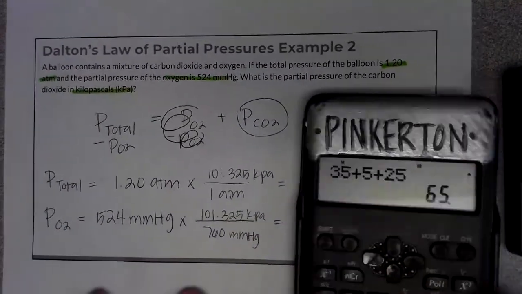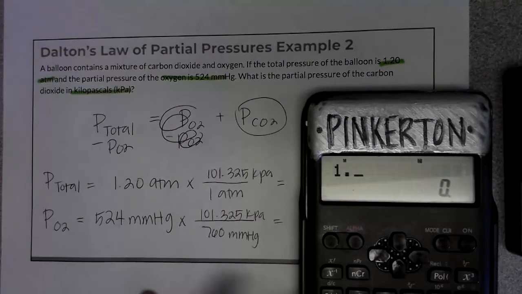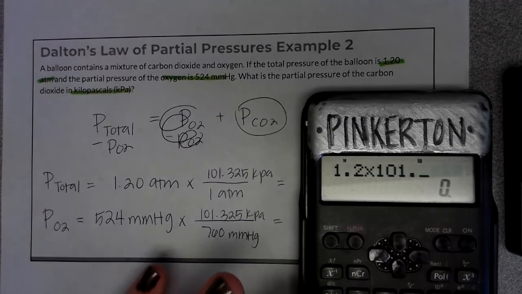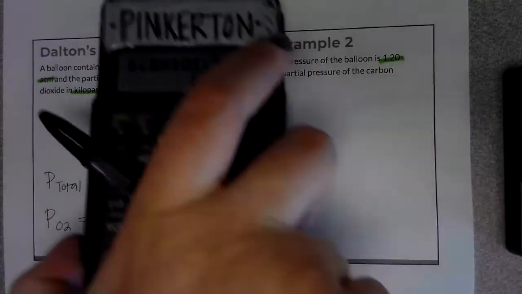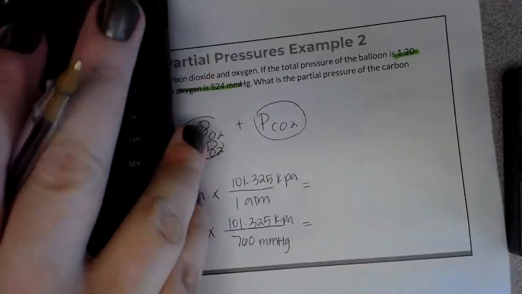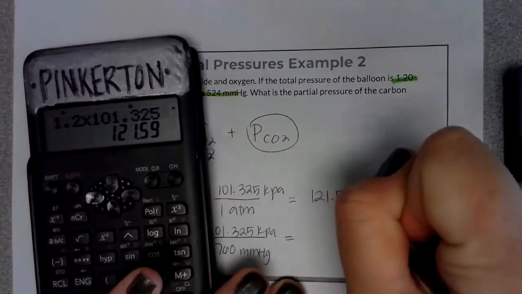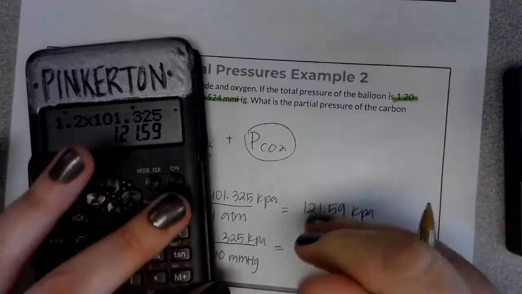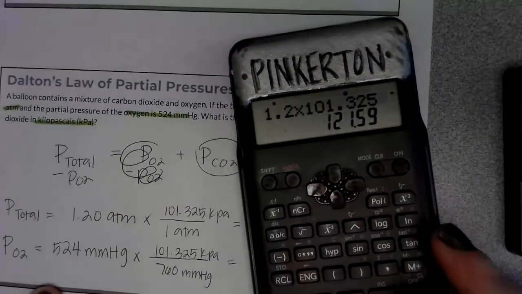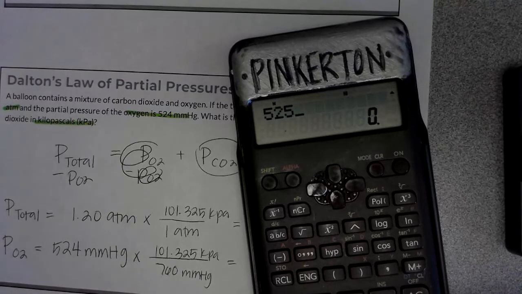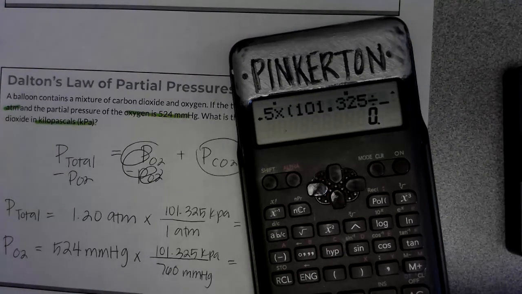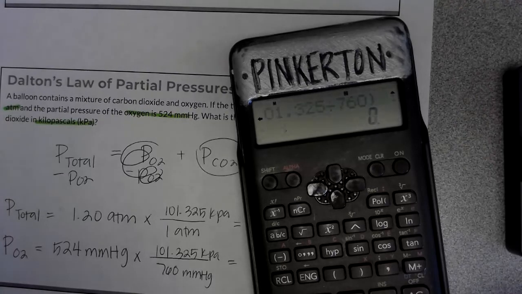Okay, so on the top one, I have 1.2 times 101.325 gives me 121.59 kPa. All right, this other one, I've got 524 times 101.325 divided by 760.